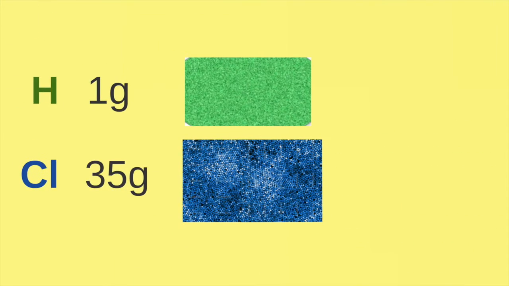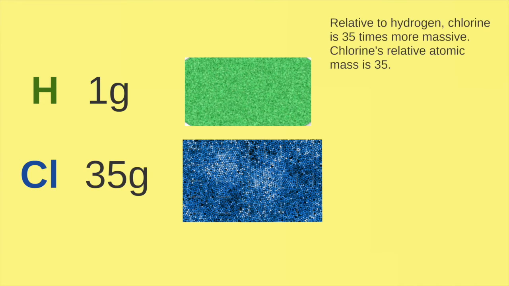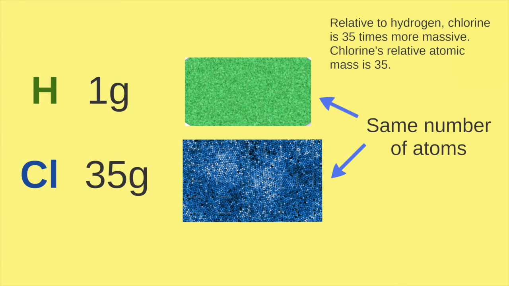So we're going to use these rectangles to represent the atoms in a gram of hydrogen and in 35 grams of chlorine. Now we know that relative to hydrogen, chlorine is 35 times more massive. That's why we say that chlorine's relative atomic mass is 35. So again, 35 grams of chlorine is going to have the same number of atoms as 1 gram of hydrogen.